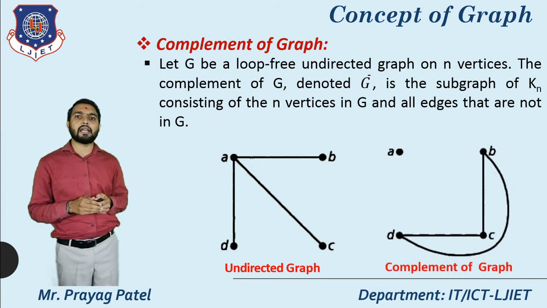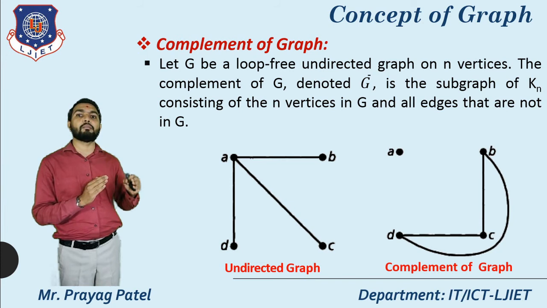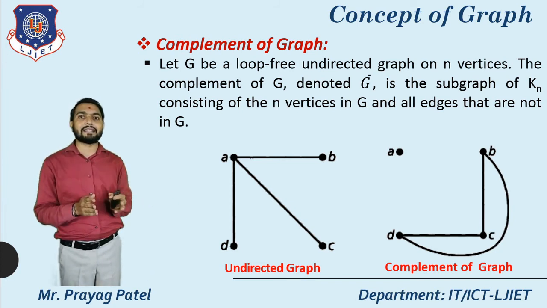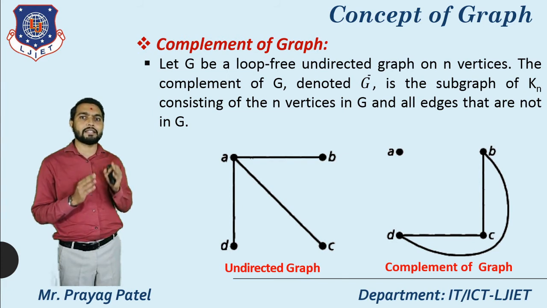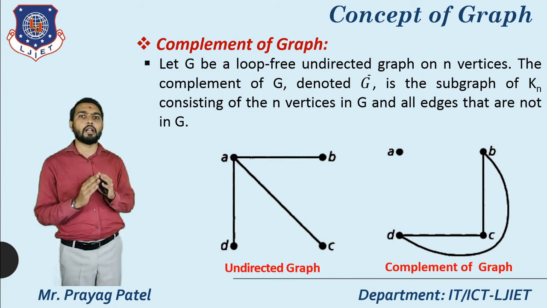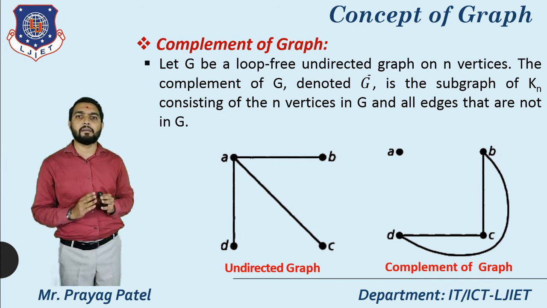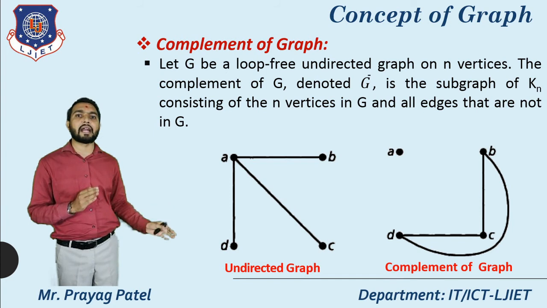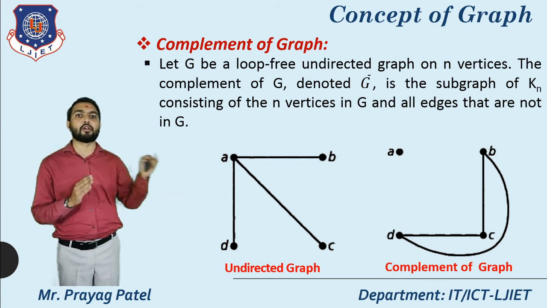So here, what is the opposite or complement of the undirected graph? We include all the vertices. So we have 4 vertices A, B, C, D, and the complement graph includes all the vertices A, B, C, D. Now the remaining edges of the given graph are considered as the complement of the graph.